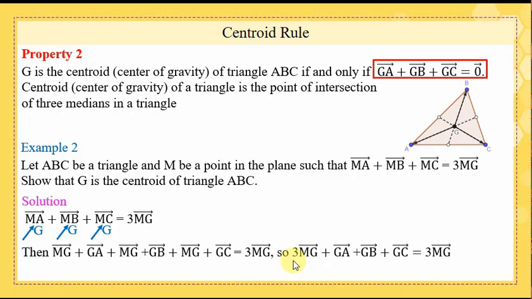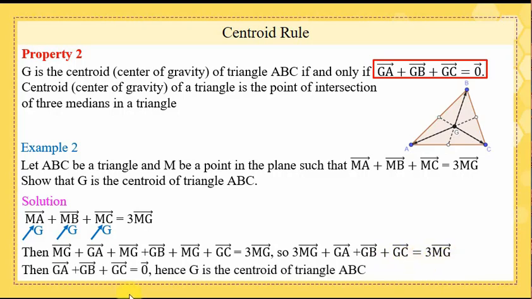This gives us 3MG vector plus GA vector plus GB vector plus GC vector equals 3MG vector. So we have the relation that we need: GA vector plus GB vector plus GC vector equals 0 vector. Hence, G is the centroid of triangle ABC.